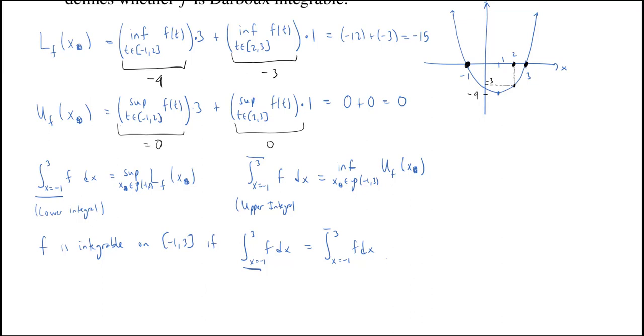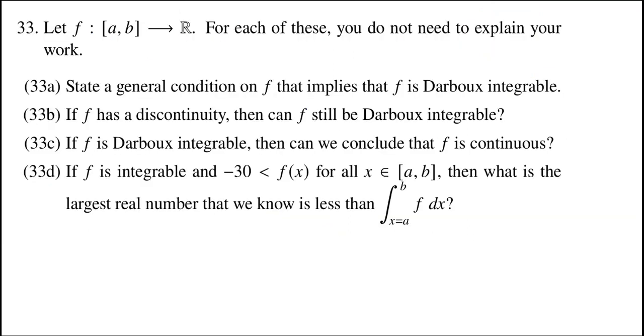And so all we have to do is find some partitions so that the difference between an upper and a lower sum is bounded by some epsilon. So that's in practice what we like to do. Okay, well, there we go. That is how we would check whether or not f is integrable. All right, I guess we can move on then to problem 33.